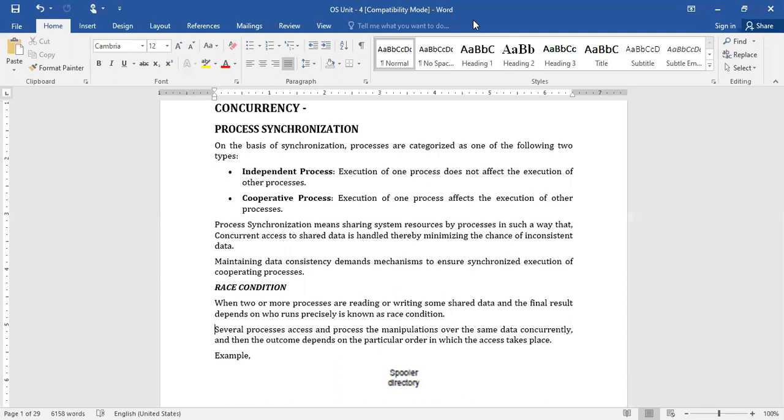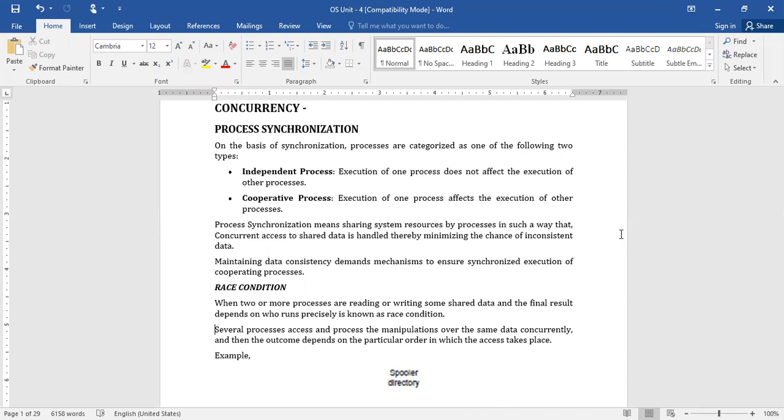So while designing a new operating system, what things are you supposed to consider in the context of inter-process communication? Before discussing the various problems that arise and the available solutions to the problems related to inter-process communication, we'll see in today's class.